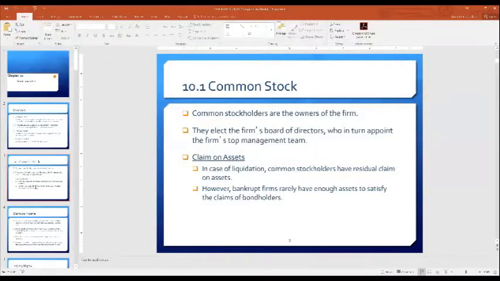So, kumbaga, si stockholders, it depends on the number of stocks they contributed to the company. Kasi when we say in a corporation, halimbawa lahat tayo sa isang buong klase, we are all part of a corporation. So, hindi tayo kumbaga equally divided ang capitalization. So, may mga iba na malaki yung capital nila in the form of stocks, 'di ba?